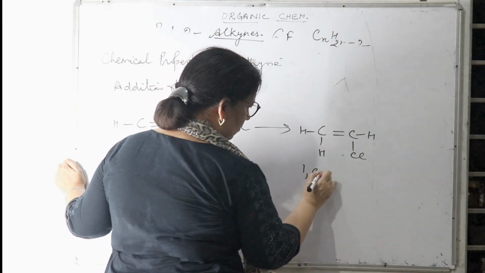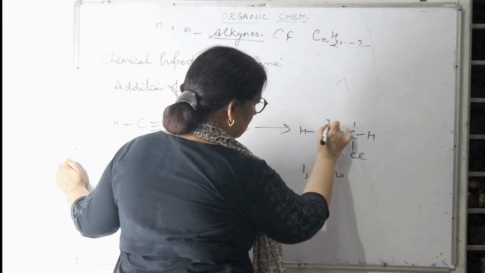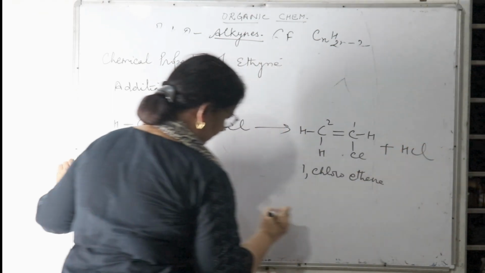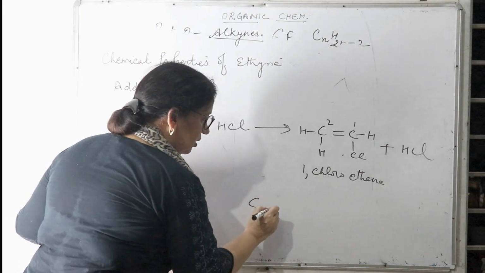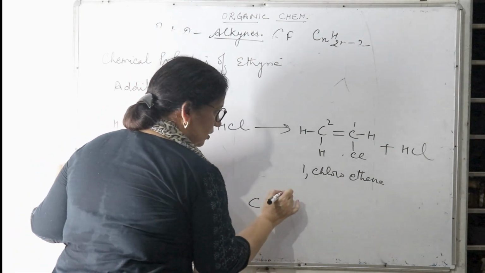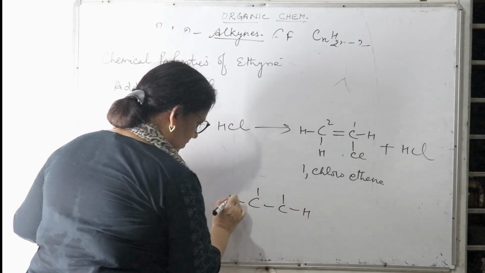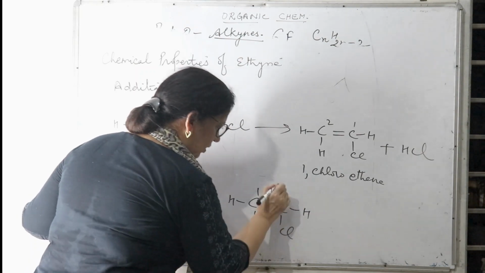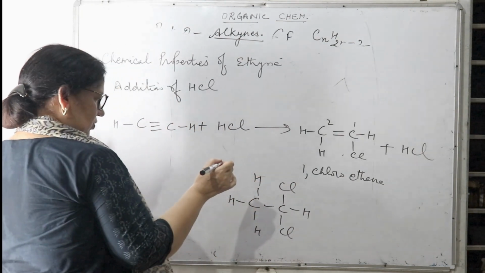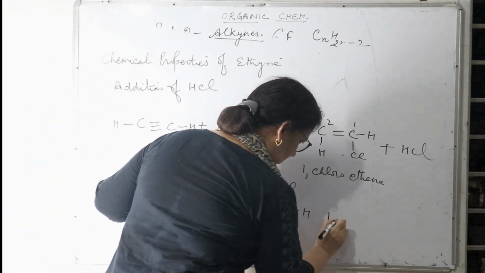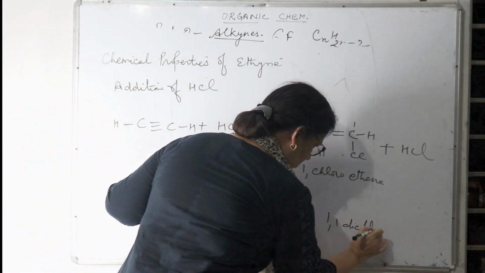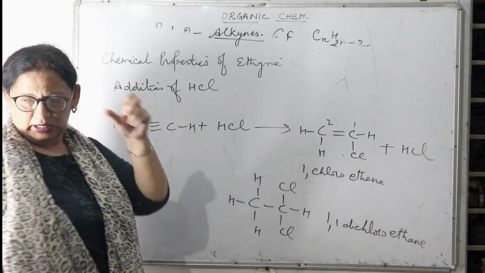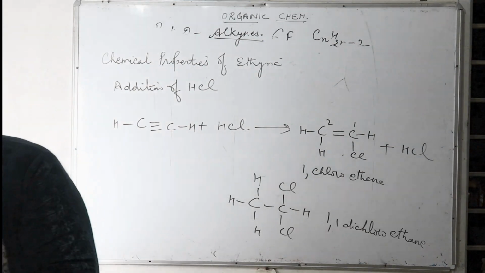So this is 1-chloroethene. Again add HCl into it, and this will become C single bond Cl, this is Cl, this is H. So this is 1,1-dichloroethane. This is all about the addition reactions of ethyne.